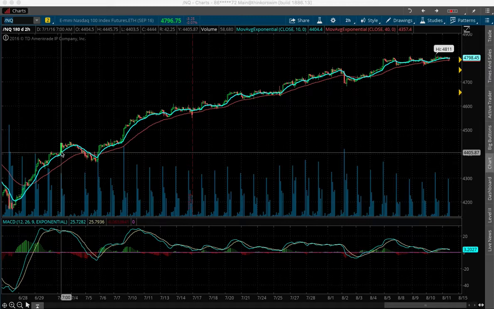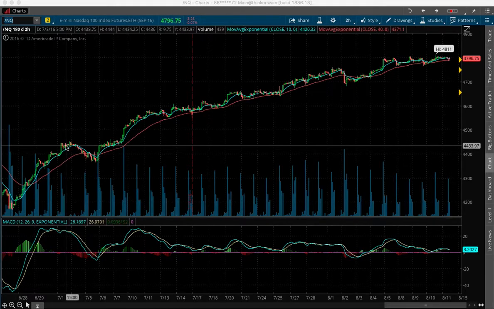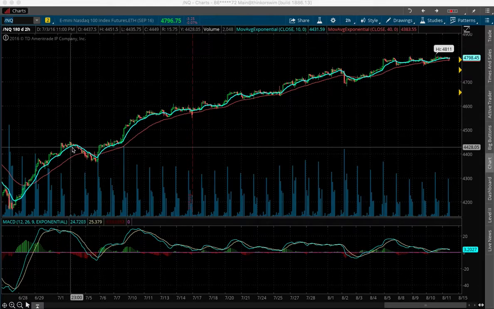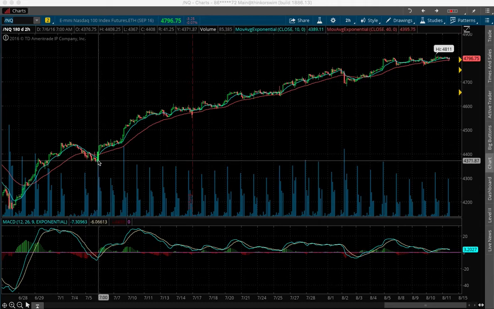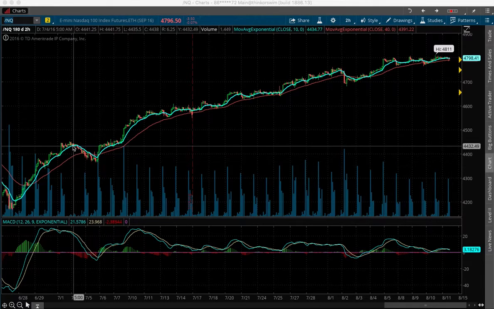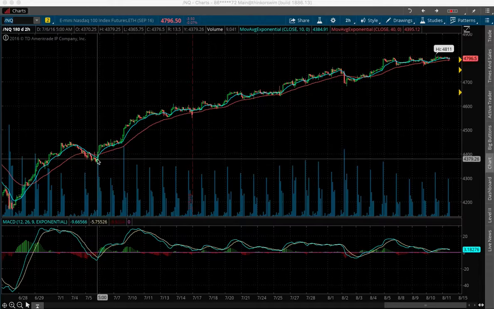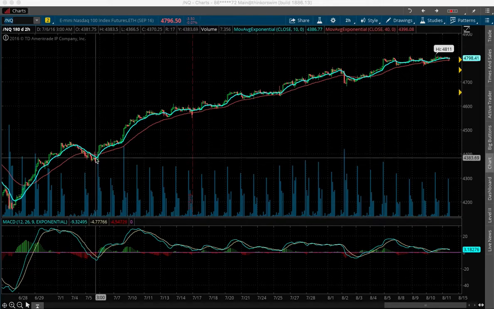So there's a loss there, okay? And then it crosses back here at 44.33, which you could then ride till the next cross, which was here at 43.70. So 44.30 to 43.70, a decent trade there.